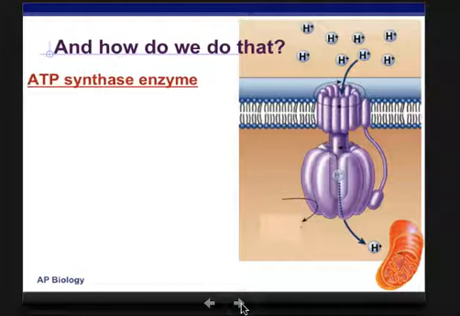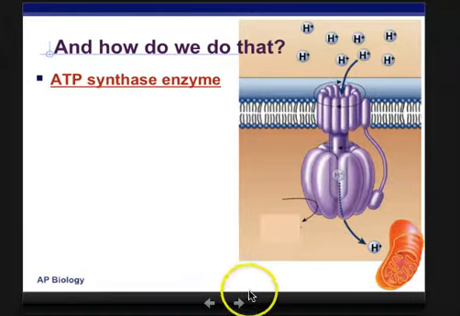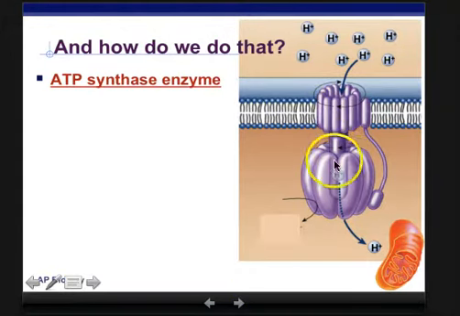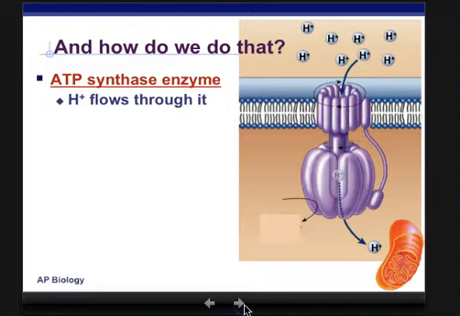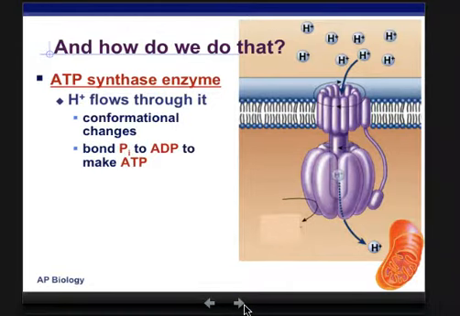This was in the last video, but just to remind you of our friend, the ATP synthase enzyme, which sits in the membrane, where hydrogen ions flow through it, going from high concentration to low. It's part of bonding phosphate to ADP to make ATP.